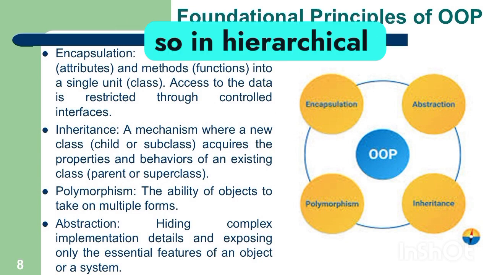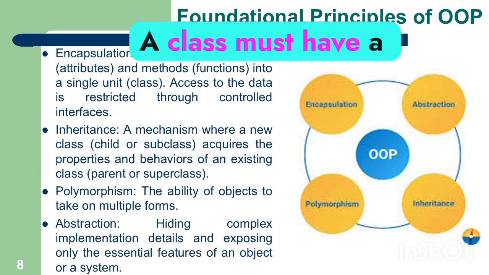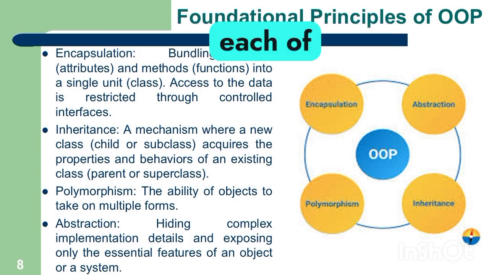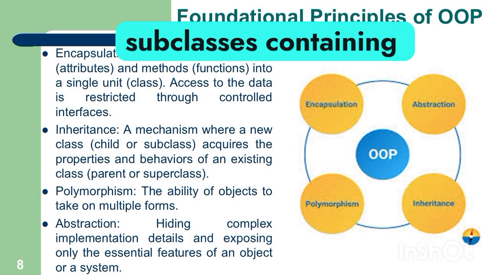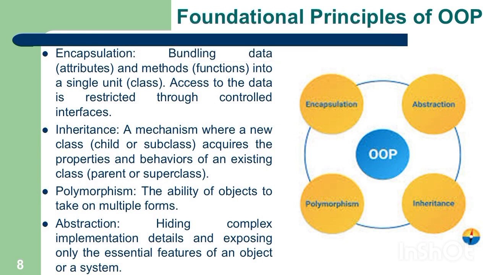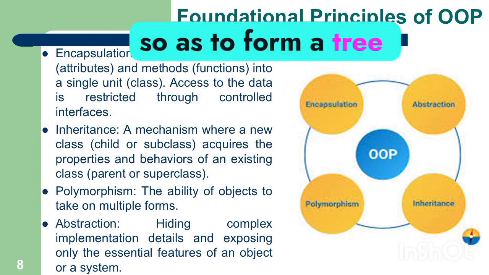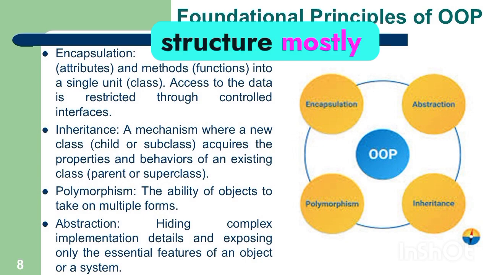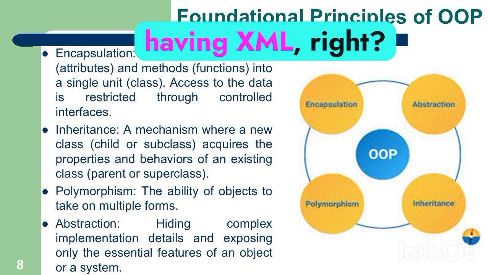In hierarchical inheritance, a class must have a number of subclasses, each of which may have subsequent subclasses containing a number of levels, so as to form a tree structure. We know a tree structure mostly happens if you are having XML, right?